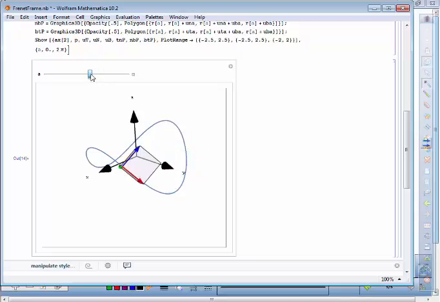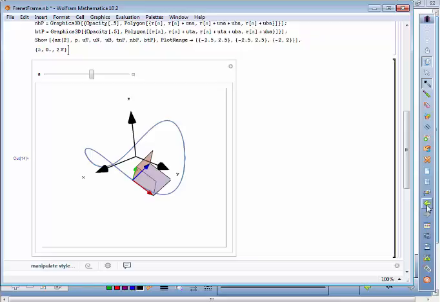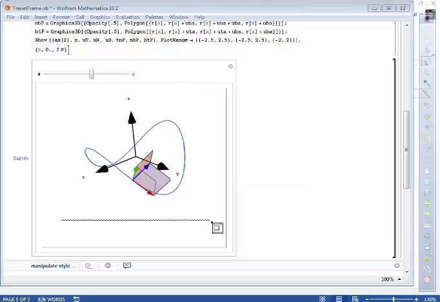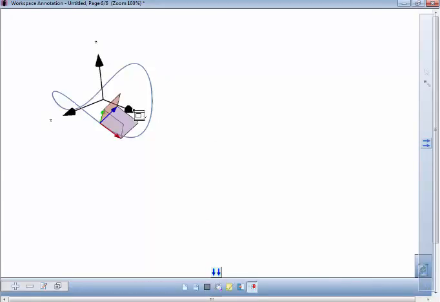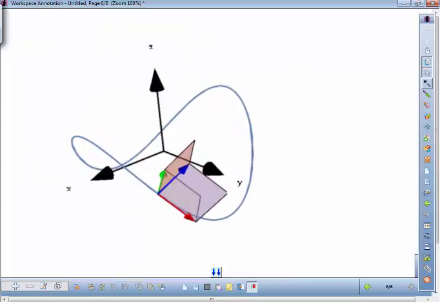I'm trying to find a good view to take a picture and put in our notes. That looks good. So we can label these things. We have our tangent. We have, which one was our normal?